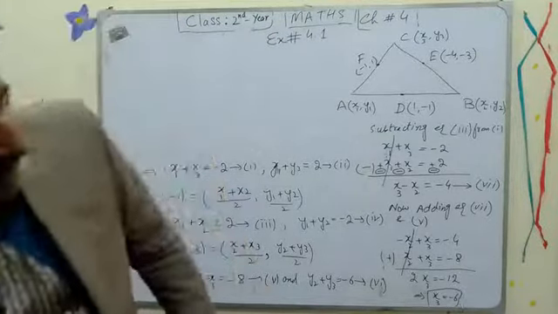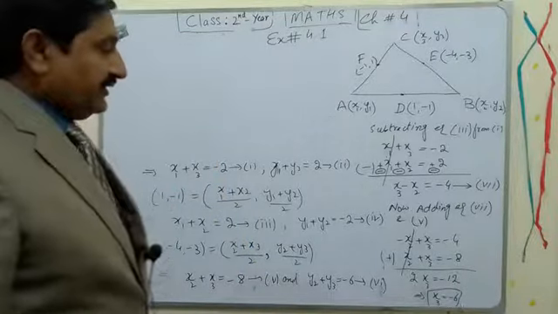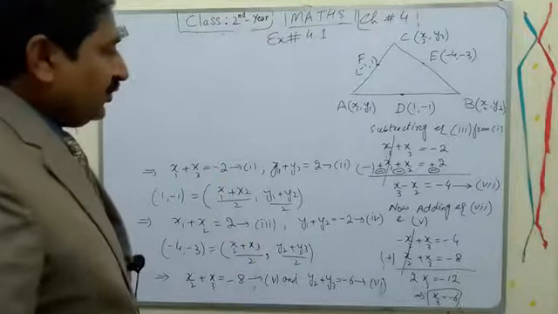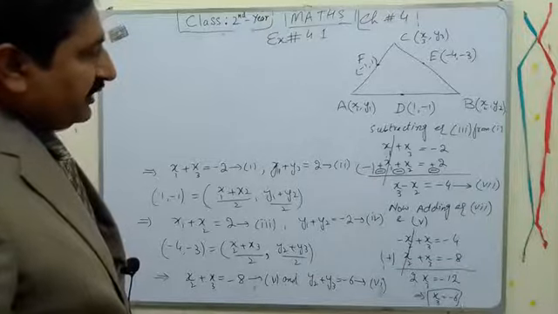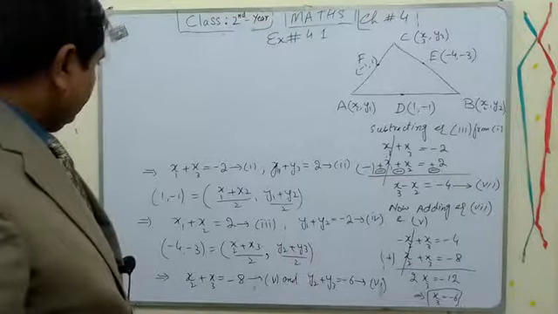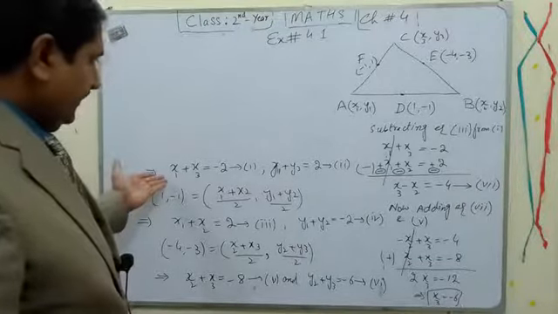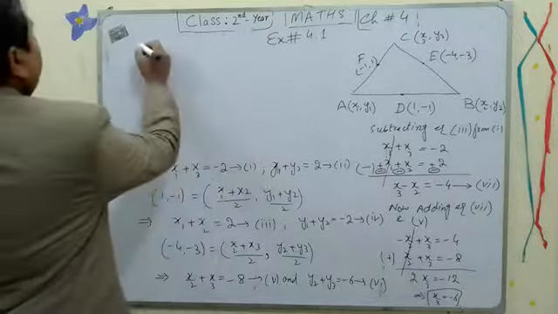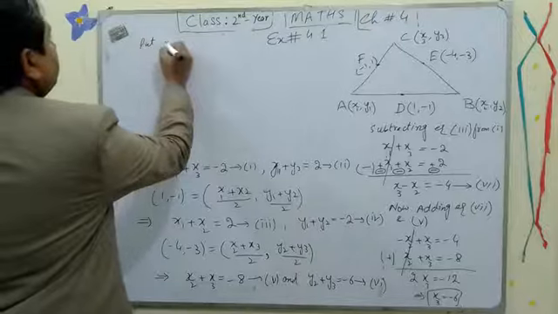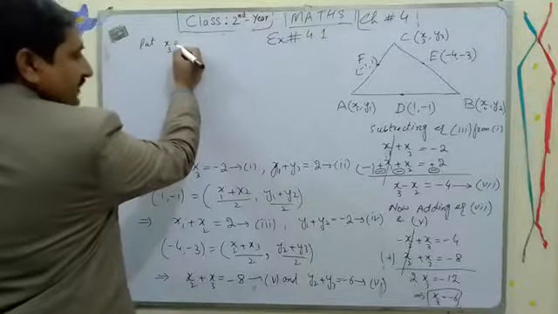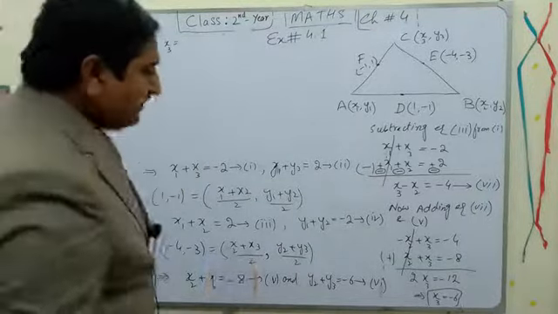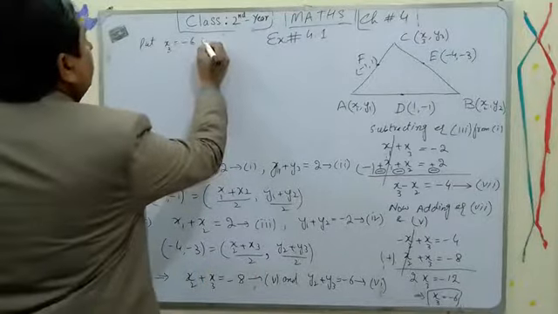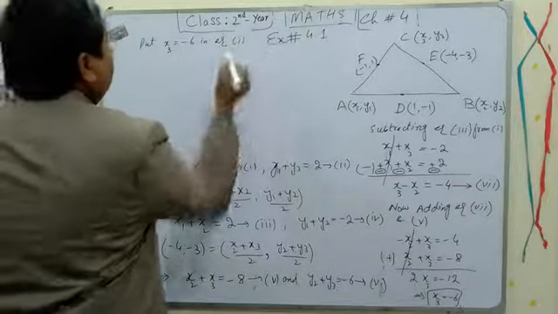Okay, fine. We have found x3 is equal to minus 6, right? Now use this value of x3 in equation 1. Put x3 equal to minus 6 in equation 1.